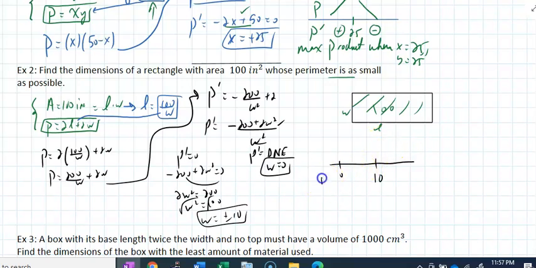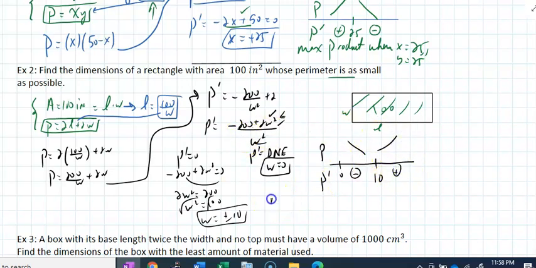So if I pick a point between 0 and 10, say 1, put 1 in there. The denominator is always positive. Negative 200 plus 2 is negative for sure. A point to the right of 10, say 11. 121 times 2, that's 200 and some, minus 200 is positive.